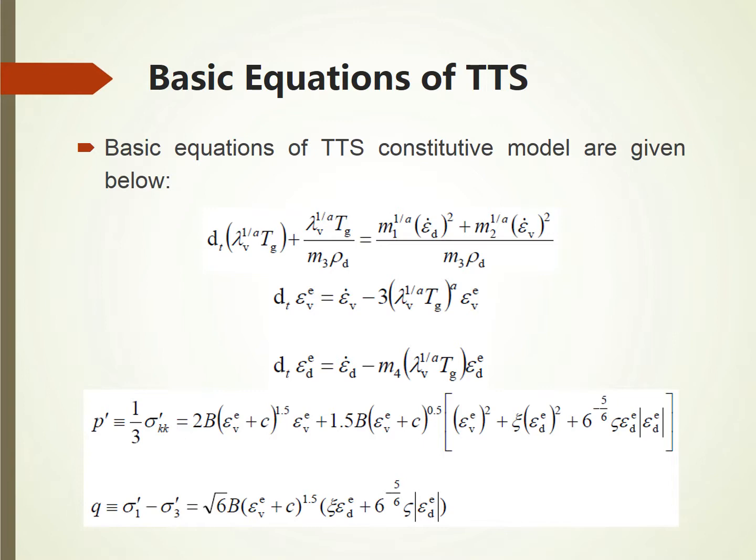When we get the strain rate for shear and volume, you can see in the first equation, we can get Tg. And by using the second and third ones, we can get the change of epsilon v and epsilon d, actually epsilon s for the shear strain in the elastic part, and we put these two into the last two equations, then we get P and Q.